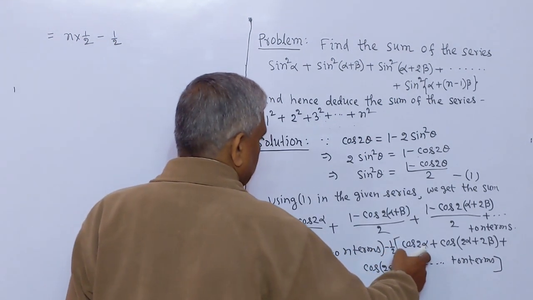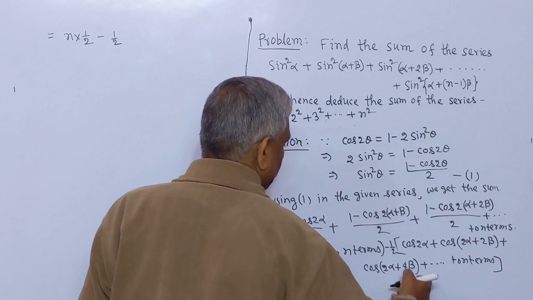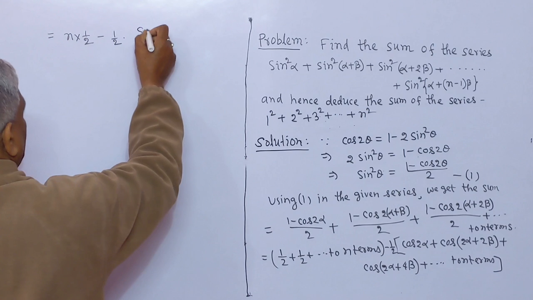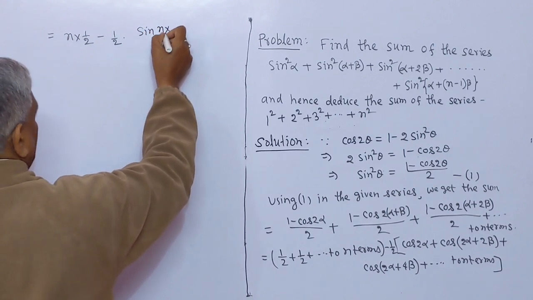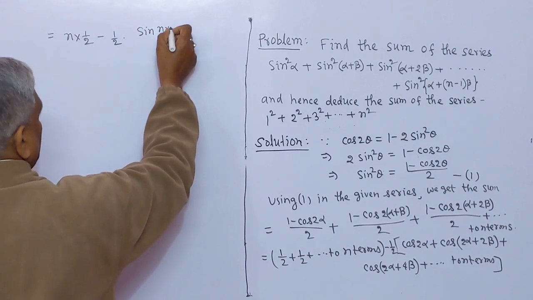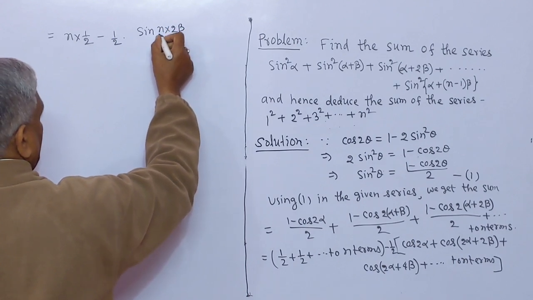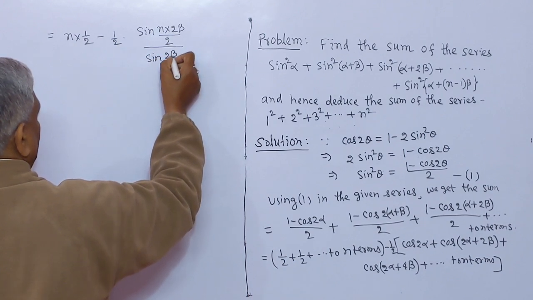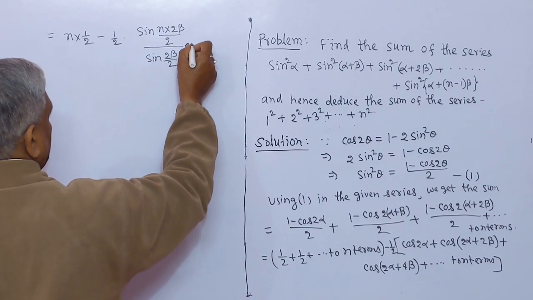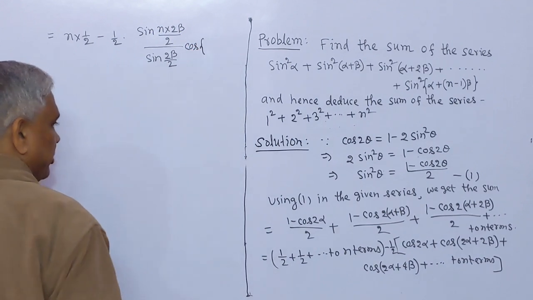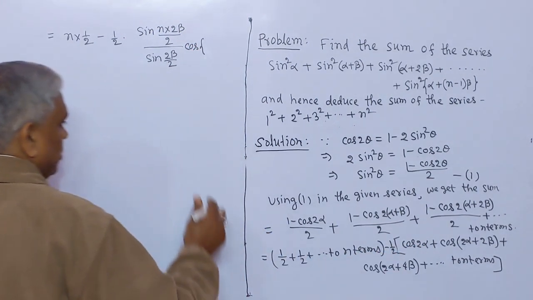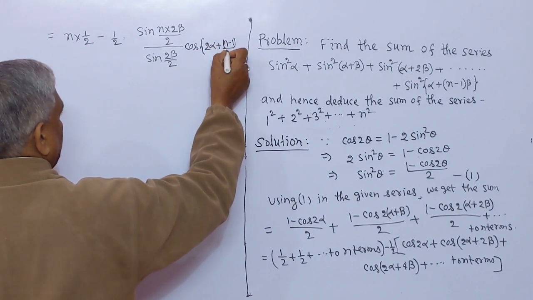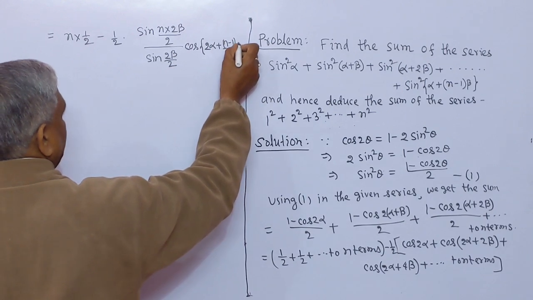Here we see that the common difference is 2 beta. So the sum of this series is sine n multiplied by common difference 2 beta by 2, by sine 2 beta by 2, into cos (first term 2 alpha plus (n minus 1) by 2 times common difference 2 beta).